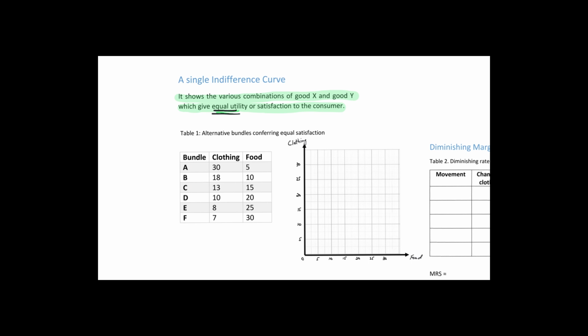So, for example, you have been given a table below with certain combinations, A to F. My first combination is 30 clothing and 5 food, and it gives me a total utility of, let's say, 100. Total utility will remain the same in all of them. This is my hypothetical number; you could have used 80, 79, anything that you want.